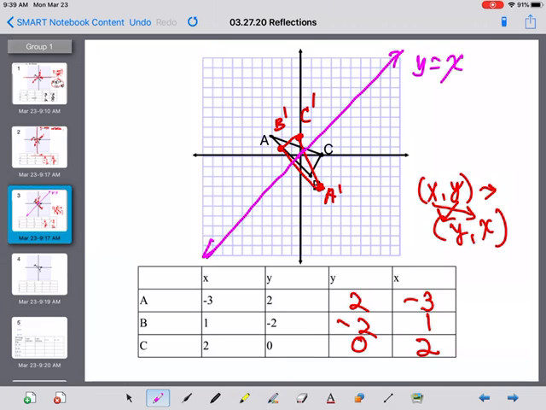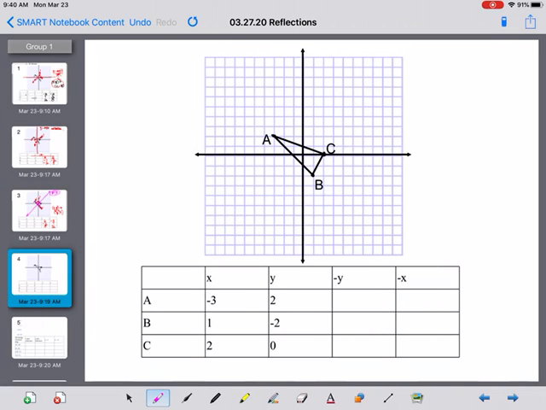So the corresponding points are equidistant to the mirror line. Might be kind of hard to see on this one. So that's a reflection over y equals x. And then we'll go to number 4.